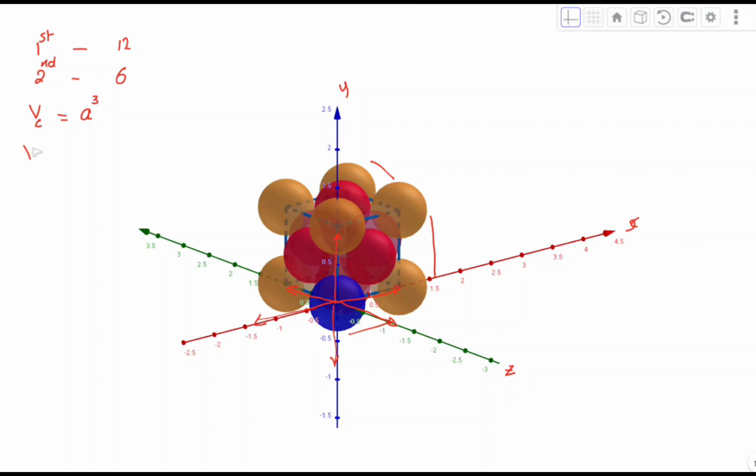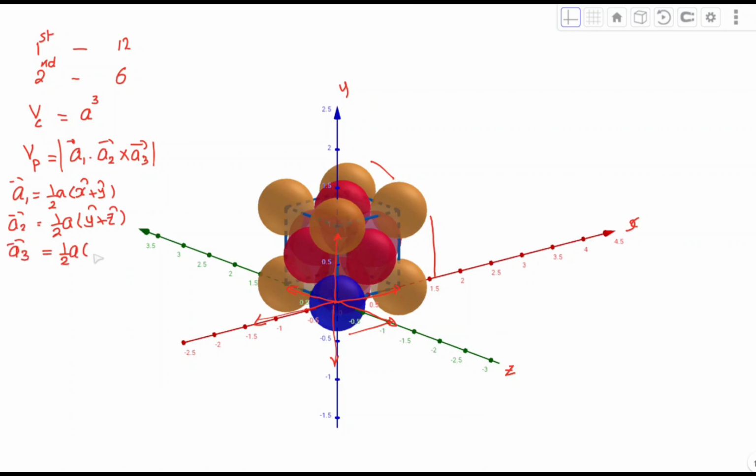And the volume of the primitive cell is equal to A1 dot A2 cross A3, in such a way that A1 equal to half A times x hat plus y hat, A2 equal to half A times y hat plus z hat, and A3 equal to half A times z hat plus x hat.